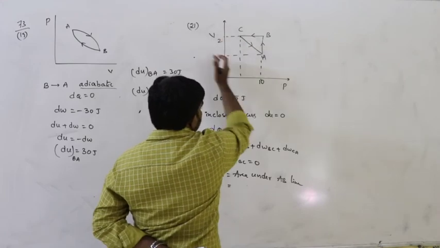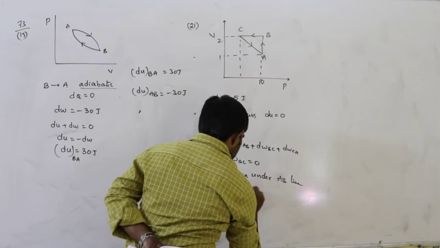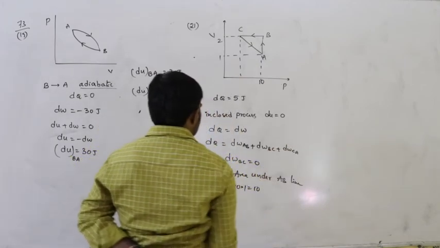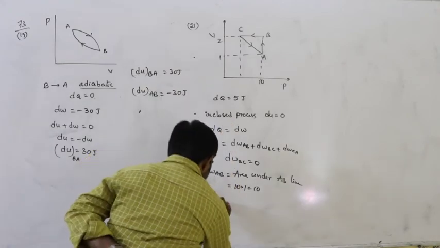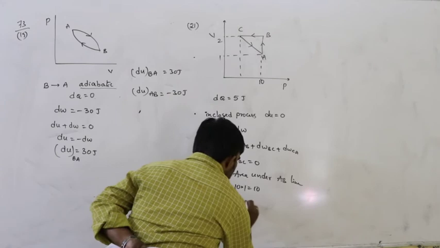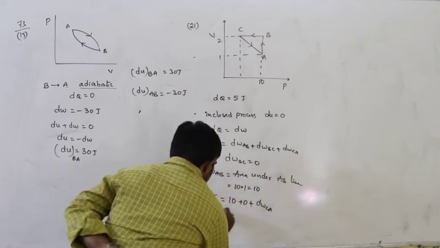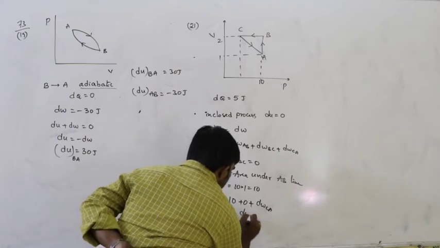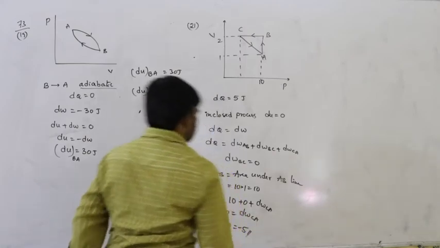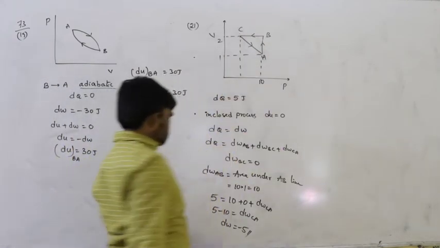The base is 10, the height is 2 minus 1, so that is equal to 10. Now we can calculate CA. dQ is given as 5, work done AB is 10, work done BC is 0. So 5 minus 10 is equal to work done in CA. So dW is minus 5. Work done in C to A is minus 5.